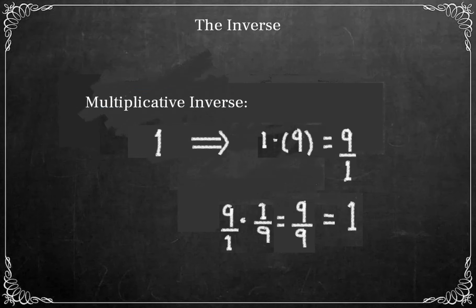Then perform the multiplication operation, multiply it with its reciprocal, 1 over 9, found by flipping the fraction 9 over 1, or just swap the numerator and the denominator. As a result, the multiplicative inverse undoes the effect of multiplication, resulting in the original value 1.